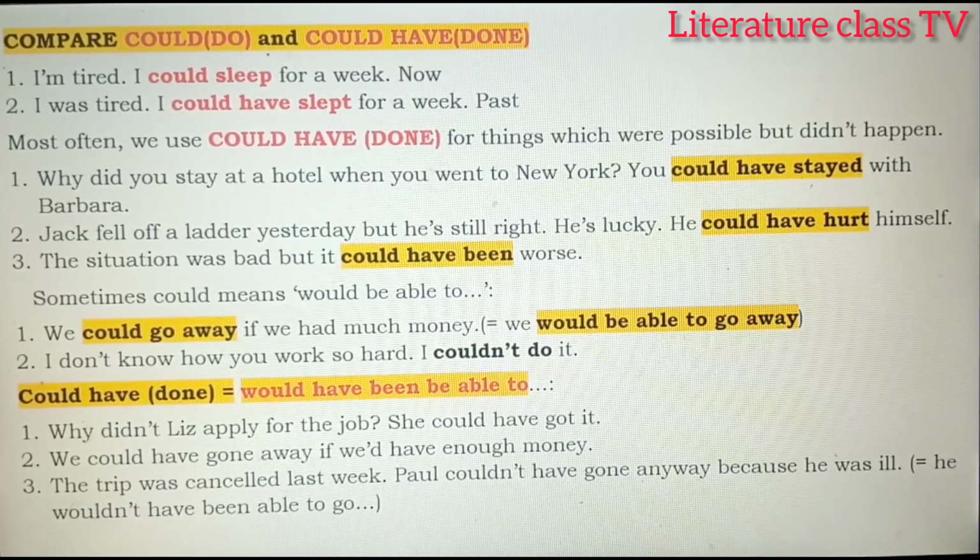I think that we are together. We are seeing the use of could have done, played, and so on for something which was possible to be done but didn't happen.